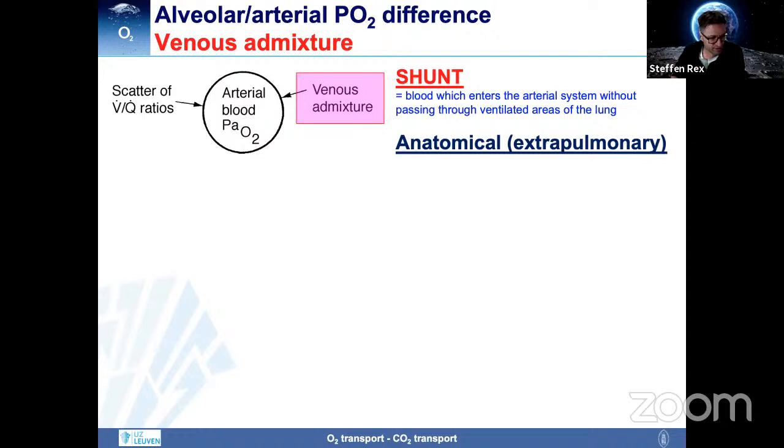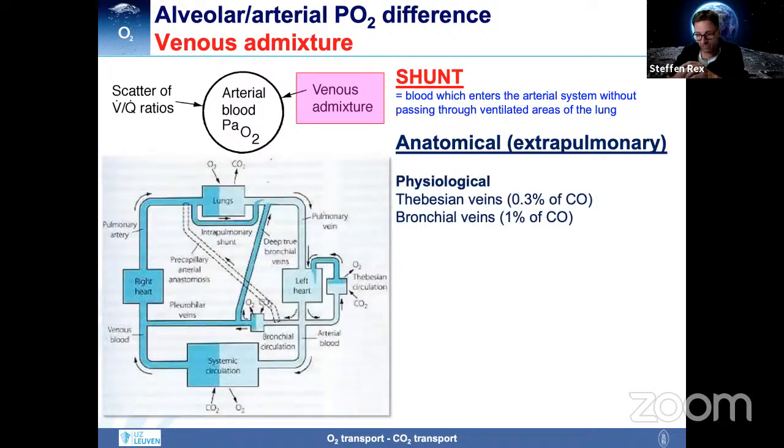So I already described the right to left shunting. If we take right to left shunting into account, we have two types of shunts. We have an anatomical shunt, the extrapulmonary, which has nothing to do with the lungs. And for these anatomical shunts, we have two types. We have a physiological anatomical shunt present in every human being, caused by, for example, the Thebesian veins.